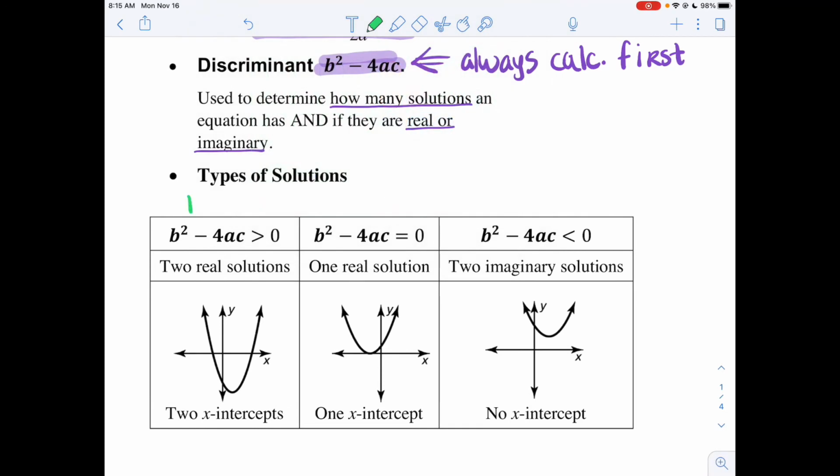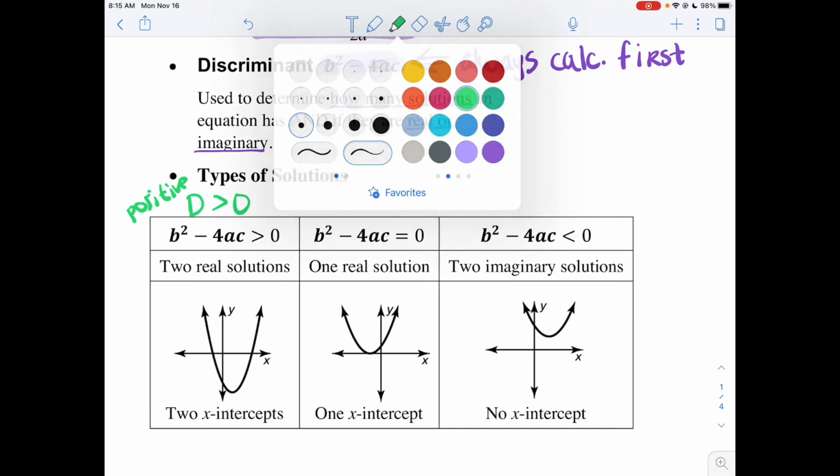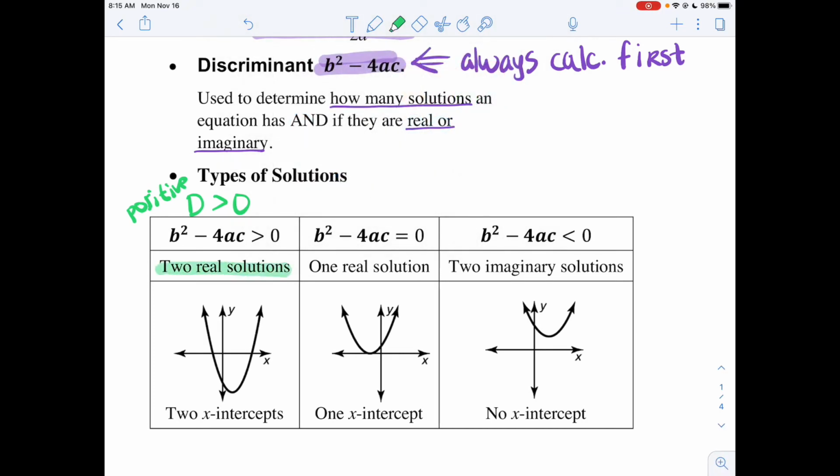So D for discriminant. And if D is greater than 0, which means it's positive, then that means that we have 2 real solutions. So 2 real solutions are always going to occur when we have a positive discriminant.